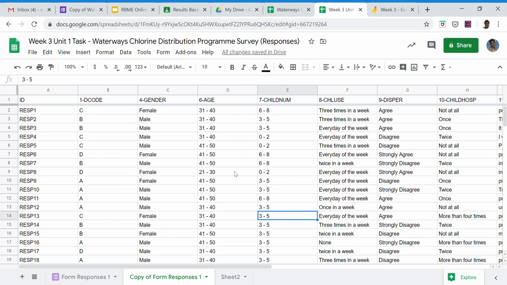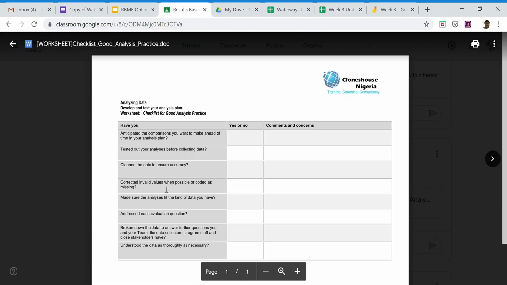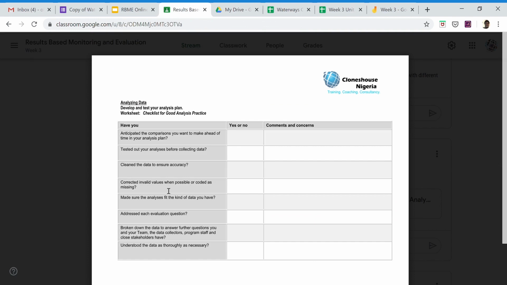Or if it's a question that allows you to skip and the person isn't skipping and answers that question, if there's a logic that the person should not answer that question but answers it, then you need to think about the space. That's where data cleaning becomes hectic. So think about that. Correct invalid values when possible. Make sure they are not fitting the kind of data you have.